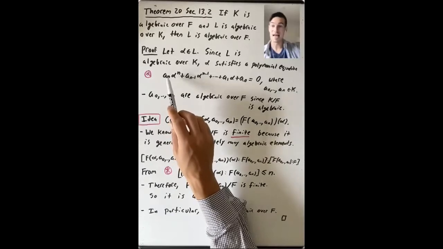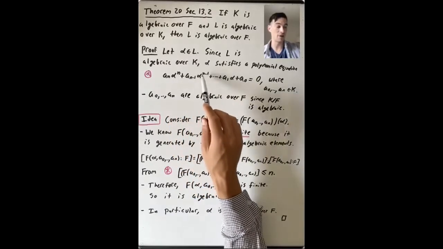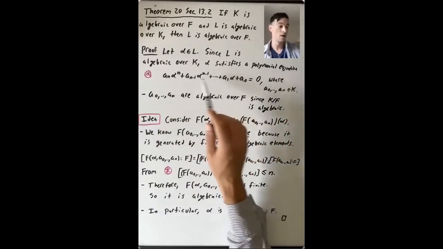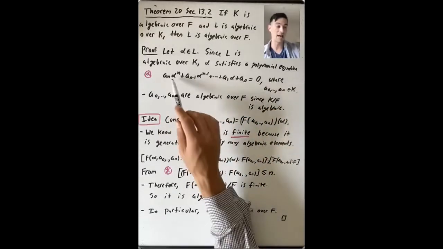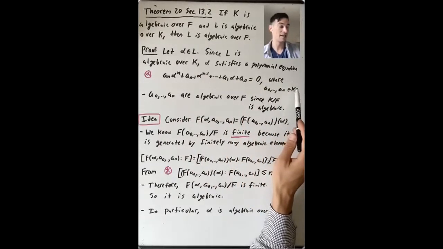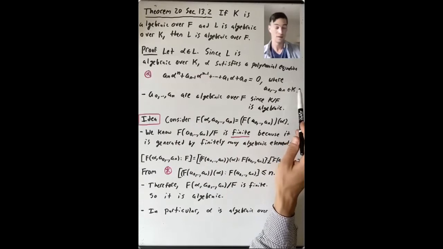Let's say that it's alpha to the n plus a_{n-1} alpha to the n minus 1 plus ... plus a1 alpha plus a0 equals 0, where these coefficients, a_{n-1} down to a1, a0, are all elements in K.